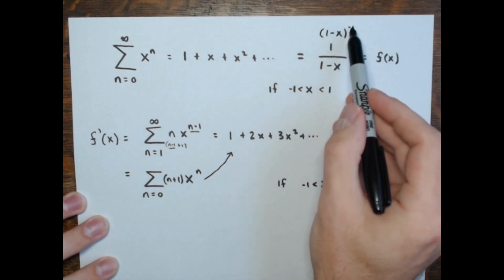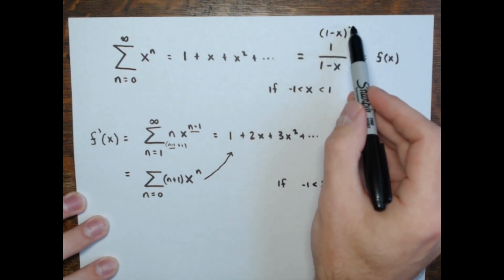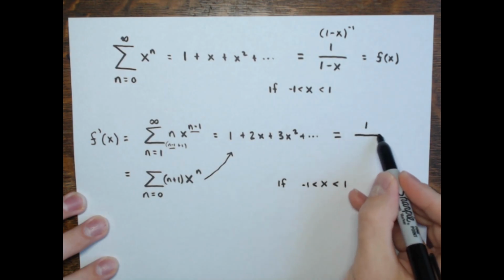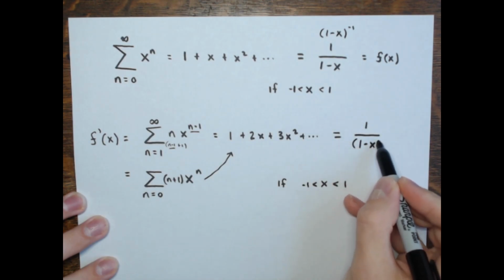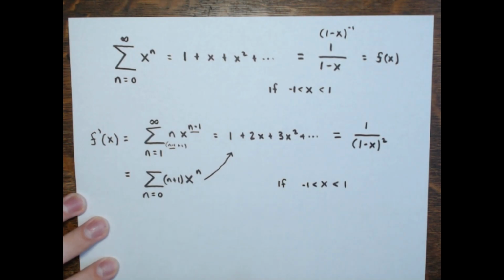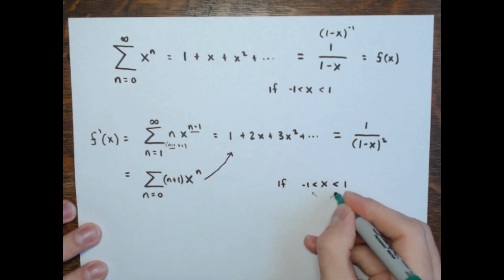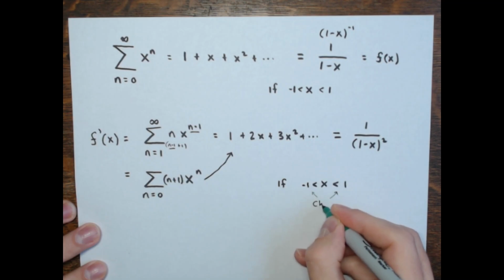When I differentiate this, this would be negative 1 minus x to the -2, then times -1 again because of the chain rule. So this would be 1 over 1 minus x squared is what this sum would converge to, right? The derivative of 1 over 1 minus x with respect to x. And then if you were to check the ends, you'll see that we get divergent stuff.